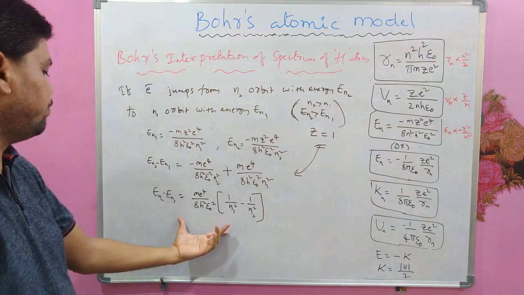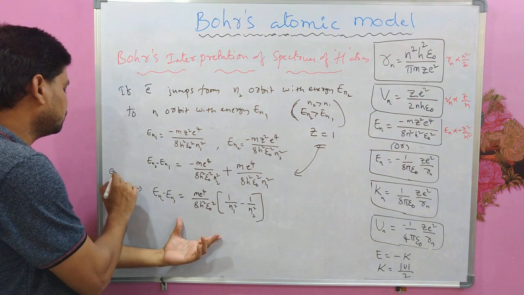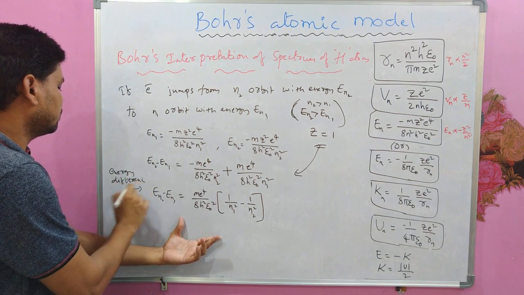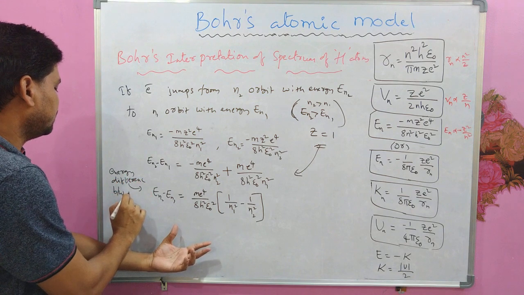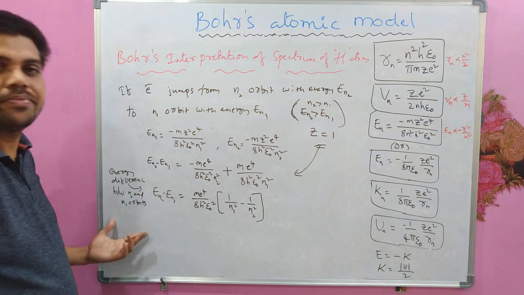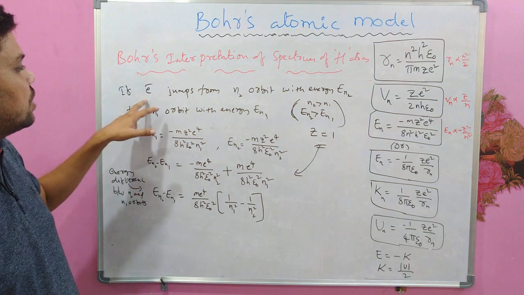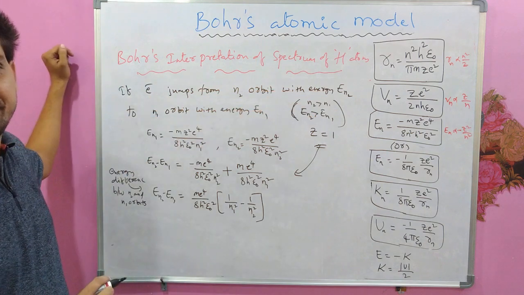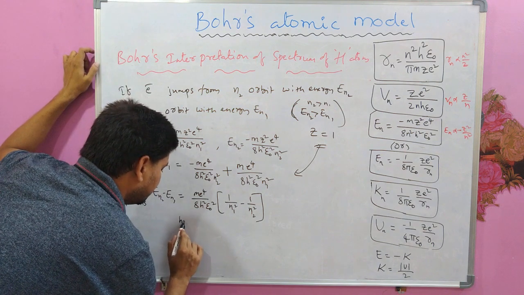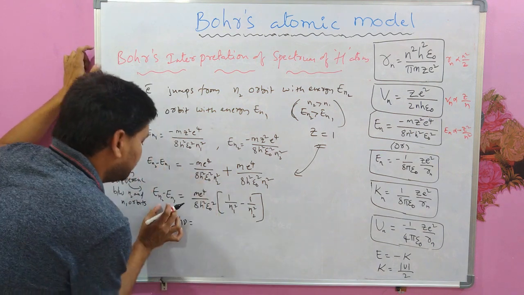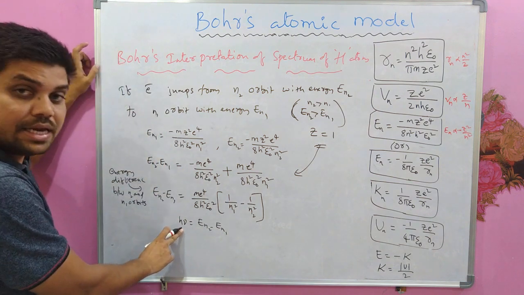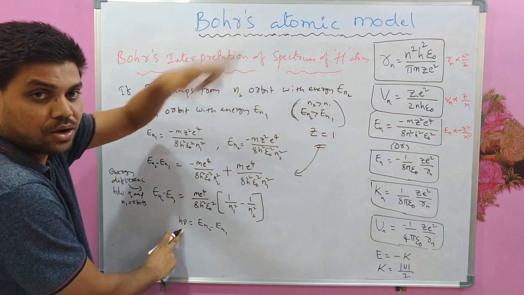This is the energy difference between the n2 and n1 orbits. And if an electron jumps from the n2 orbit to the n1 orbit, what is the frequency of the transition or energy? The photon energy will be equal to this En2 minus En1. This is the energy released because it is coming from a higher orbit to the lower orbit.